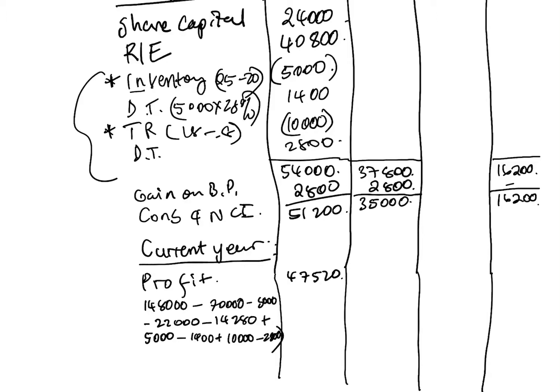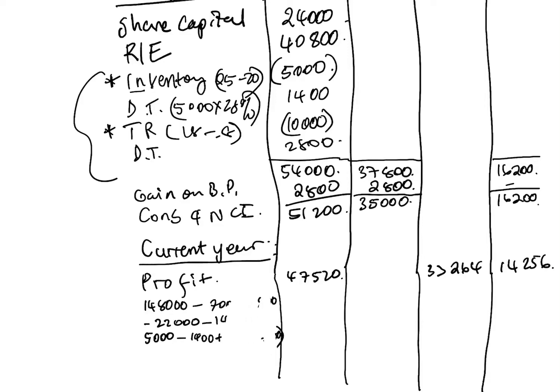And please take note, if there was any unrealized profit on any asset that was sold to the parent, or if it was an upstream transaction, that transaction should be adjusted. For this question, there was none, so we write 33,264 and 14,256. That is the percentage there.